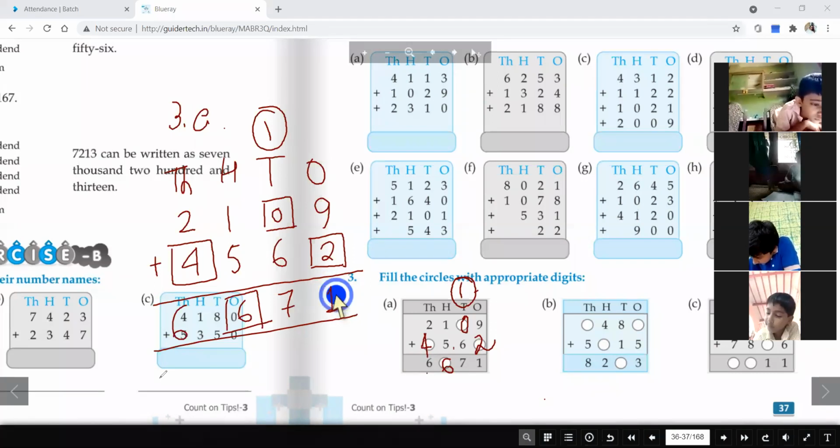Yes or no? Completed option 3A? If yes, please all of you raise your hand.